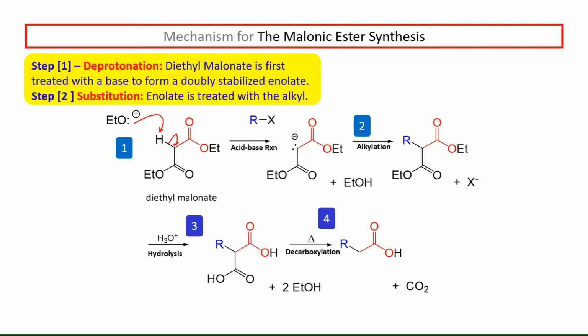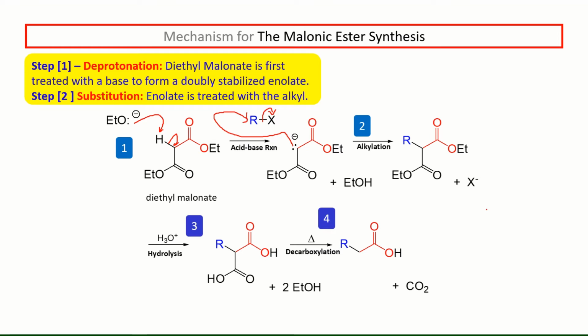And then, of course, you have the nucleophilic attack on your alkyl group. Remember, this is a bimolecular event, so it has to be primary or secondary, and primary works best.